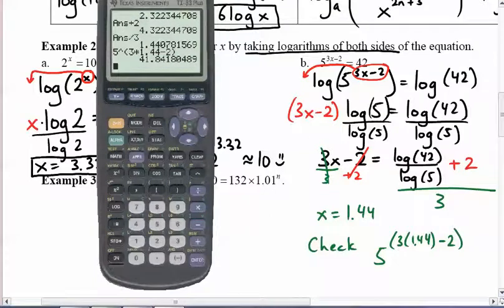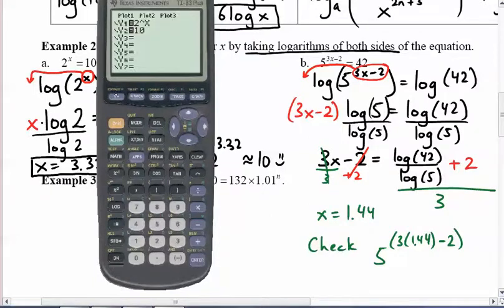So that works. The second way that I can check my answer is by graphing. I can graph 5 to the power of, and I've got to make sure to put the exponent in brackets, 5 to the power of 3x minus 2 and 42. I have to make sure that my window goes all the way up to 50 because I have y equals 42. And then I get 2 lines.